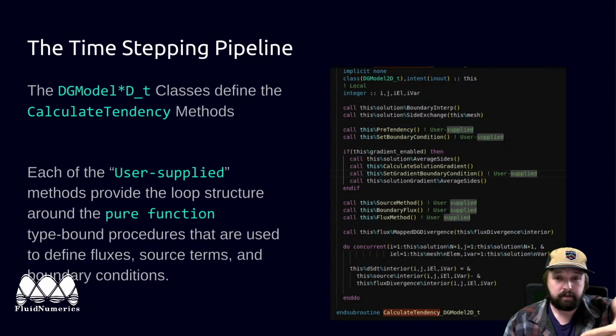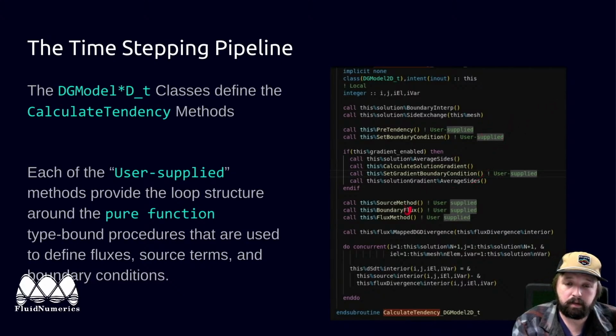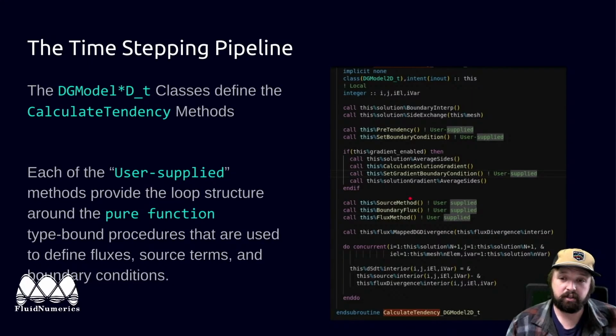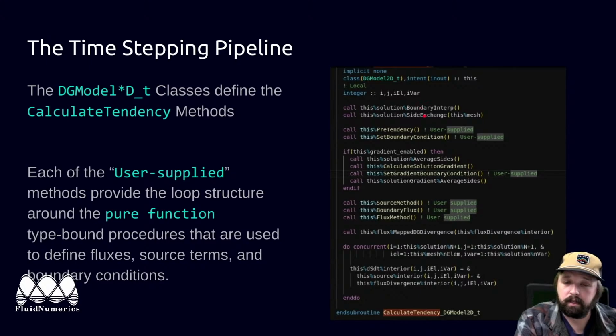Basically set boundary condition, calculate solution gradient, set gradient boundary condition, etc. These provide loop structures and standard things that we have baked in, so that all you have to do when you concretize your model is to define some simple pure functions that take knowledge of the solution and the solution gradient at a single point, and you can return like the flux, the source, the boundary condition, for example.